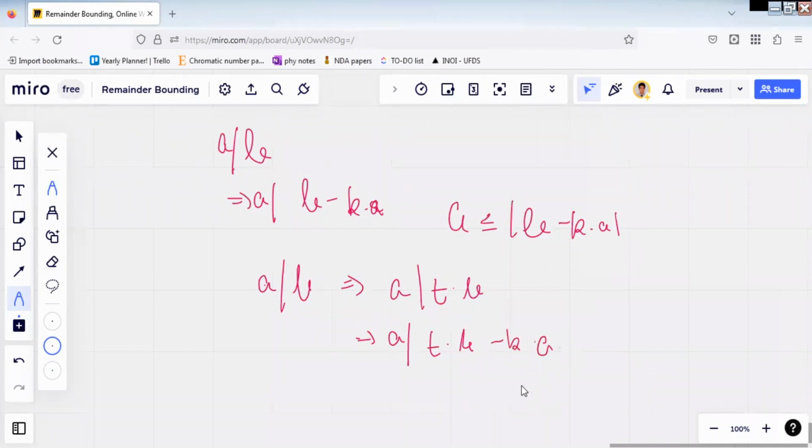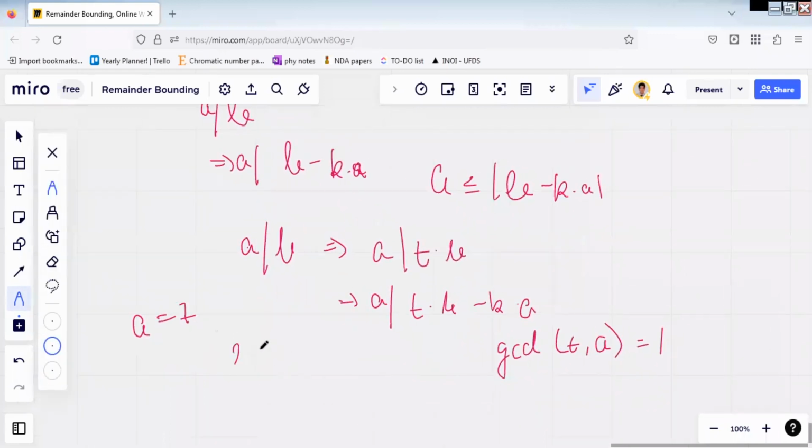It's good to ensure that, if you can, the GCD of T comma A is 1, so that you do not lose out on information. Let's say A is 7, and you're given that B is some f of x, and you're given 7 divides f of x.